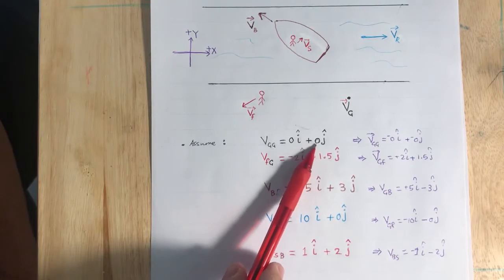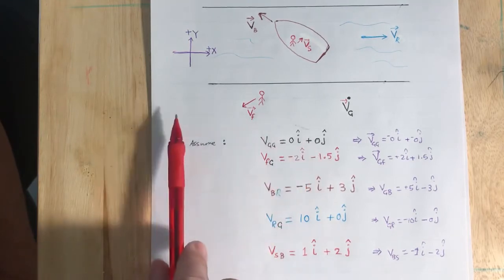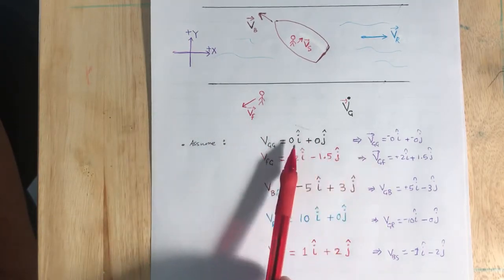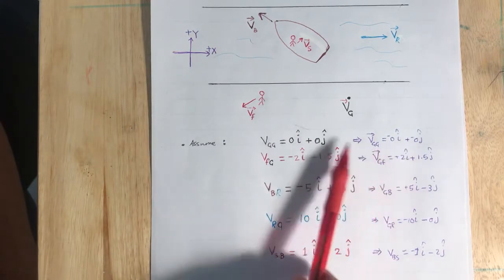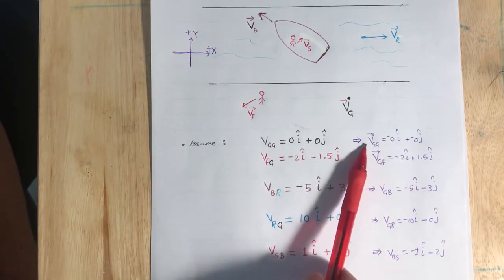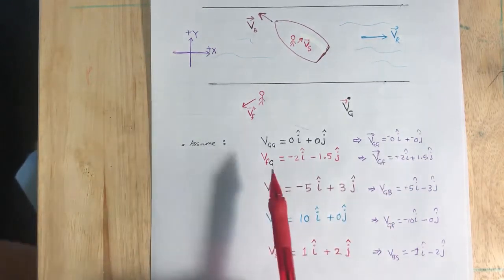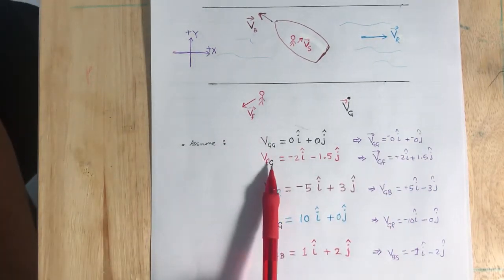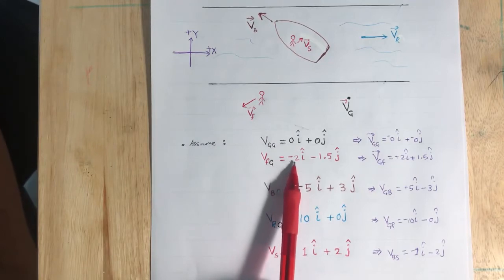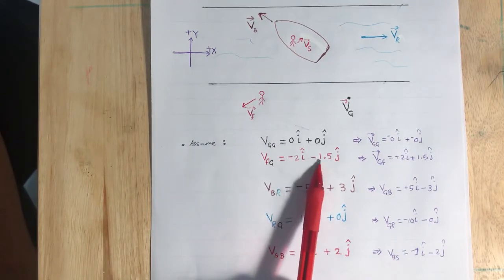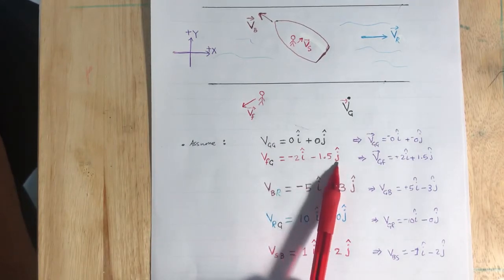So it is stationary with respect to itself. If we take the inverse, it's the same. What is the given velocity of the fisherman with respect to the ground? It is -2 in i hat, -1.5 in j hat.